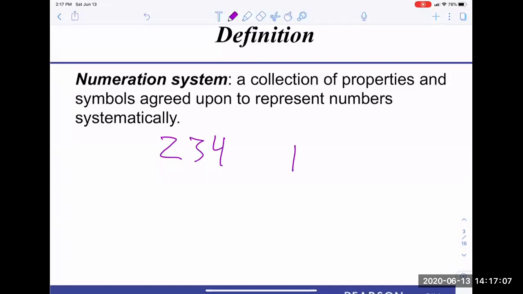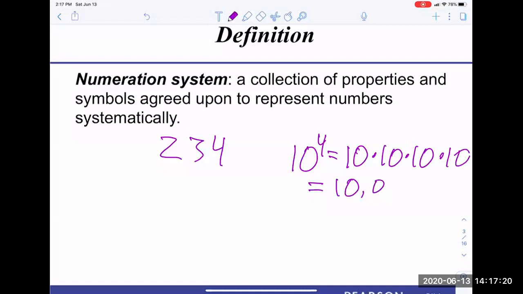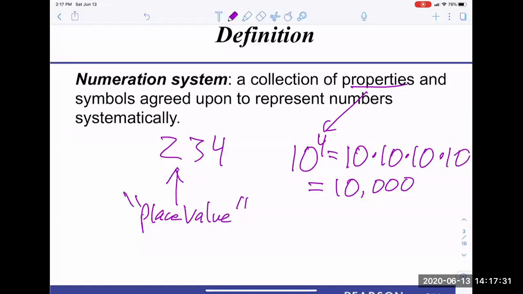We know stuff like this, 10 to the 4th is 10 times itself 4 times is 10,000. So we're using properties like exponents. Here we're using place value, which is huge in this class. So properties, symbols.